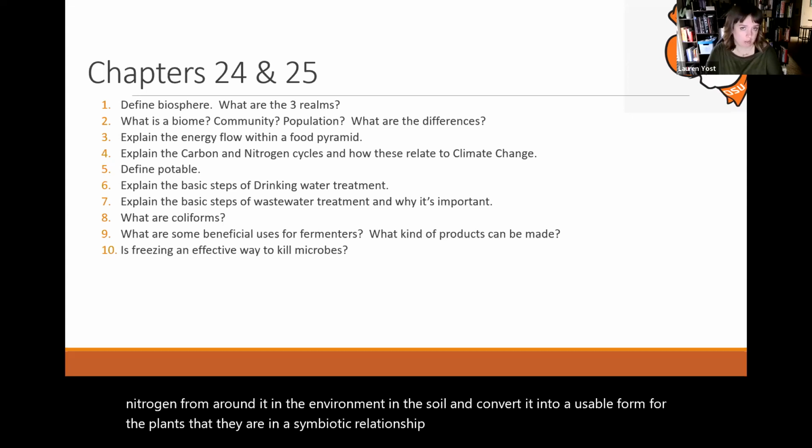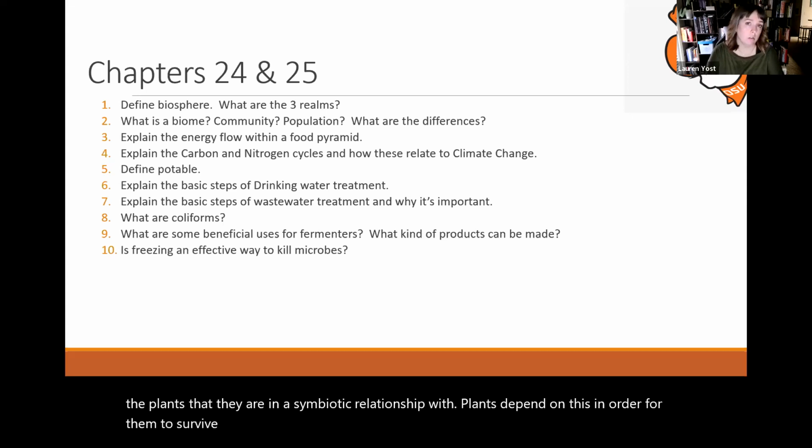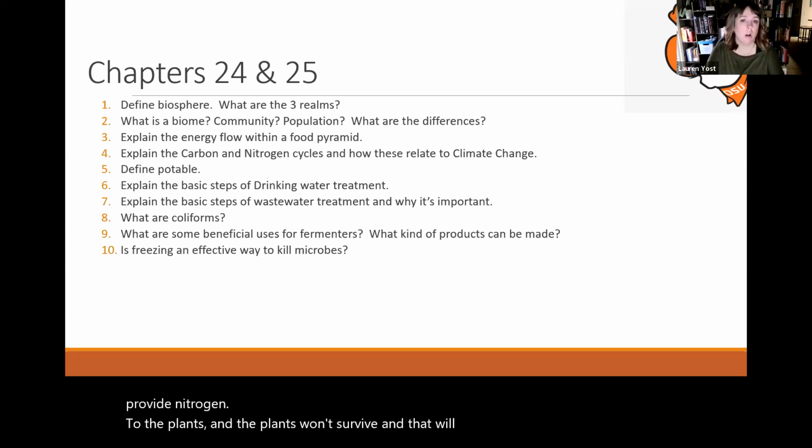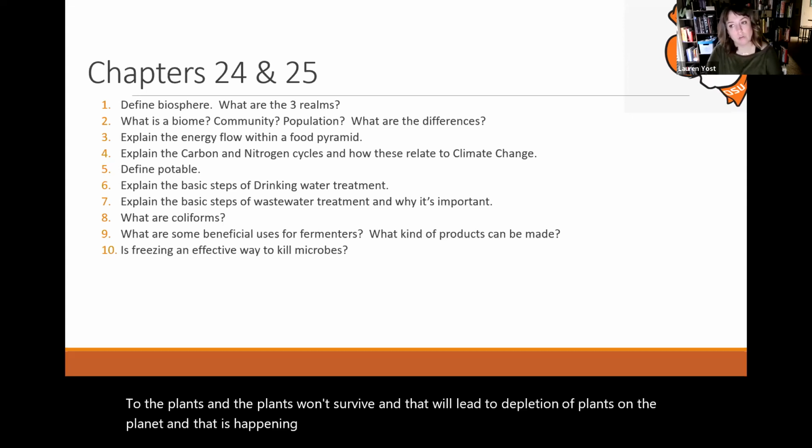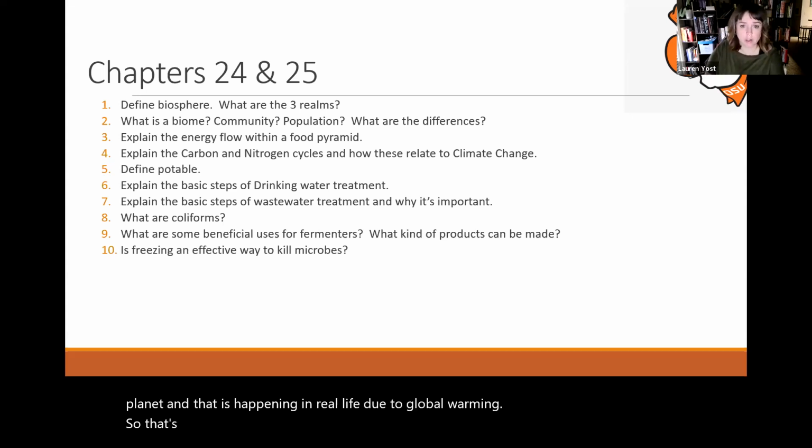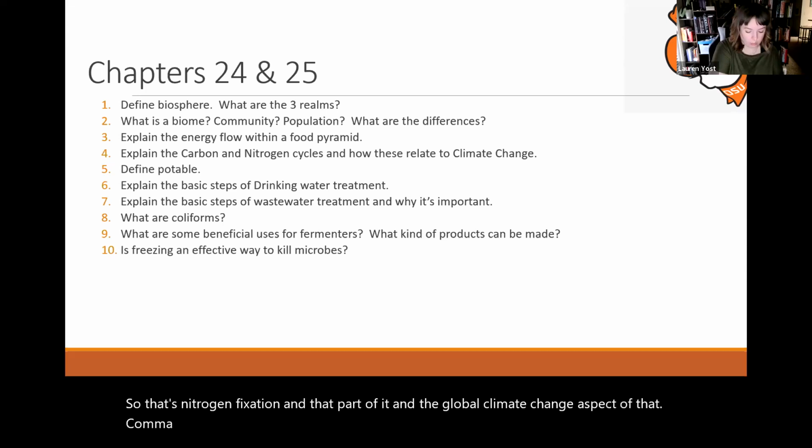Plants depend on this in order for them to survive. So if bacteria cannot survive in the root nodules that they are occupying and provide nitrogen to the plants, then the plants won't survive. And that will lead to depletion of plants on the planet. And that is happening in real life due to global warming. So that's nitrogen fixation and that part of it, and the global climate change aspect of that. Carbon dealing with combustion and the issues related to that.